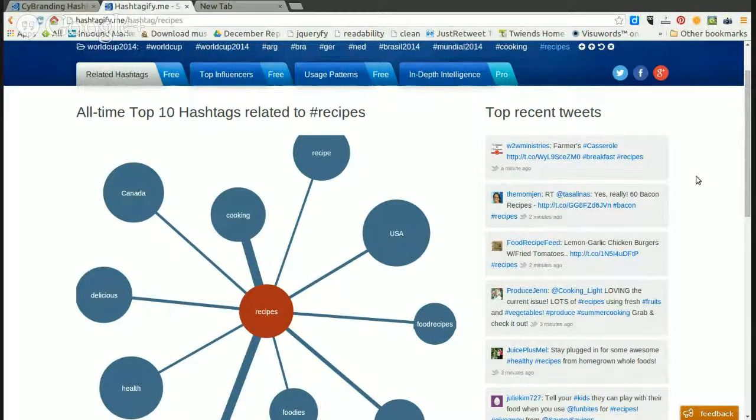So when you have your own hashtag, your needs are a bit different, but you also need to find other hashtags because you should use your own hashtag together with some other related hashtags, which will have many followers, many people who use them and follow them, who will be interested in your content.